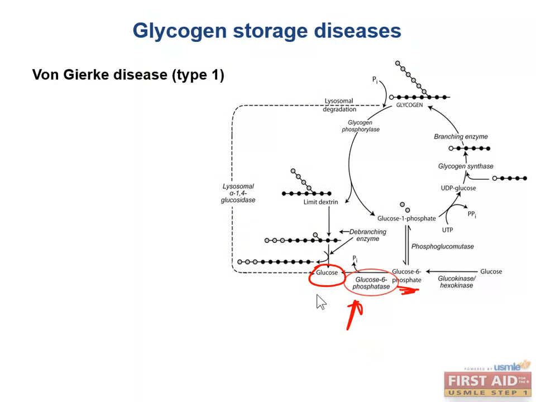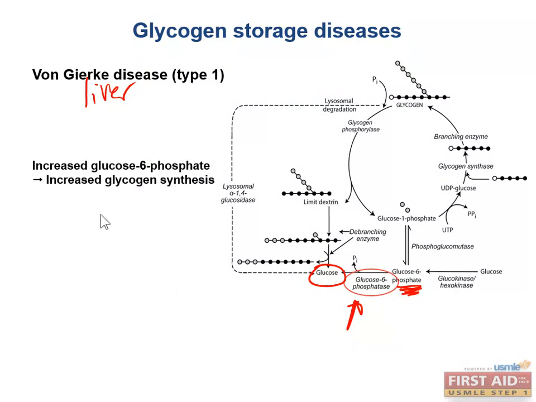Now, muscles don't need this enzyme since they're greedy, and they use all of that glucose breakdown from glycogen. It may be helpful to think of von Gierke's disease as affecting mainly the liver, and to a lesser extent, partly the kidneys. Thinking back to glycogen formation, if we have a buildup of glucose-6-phosphate within the cell, what happens?